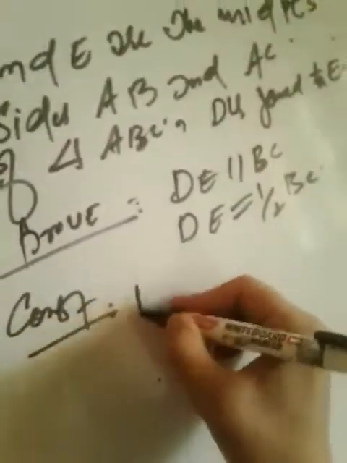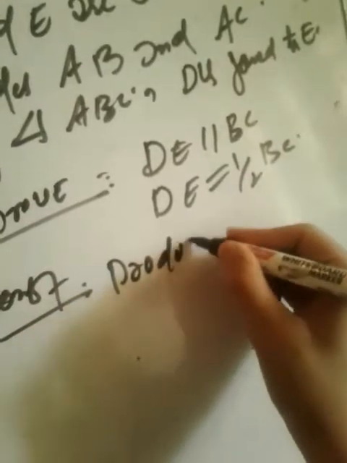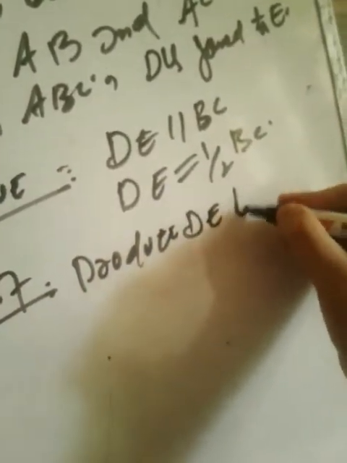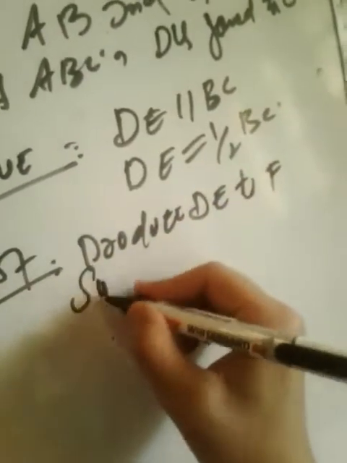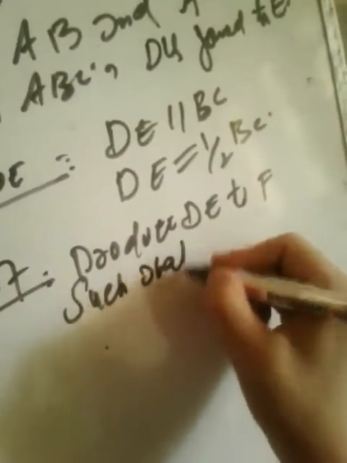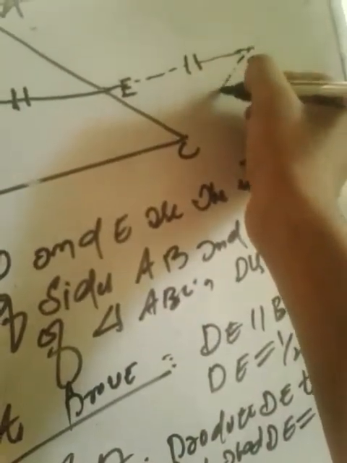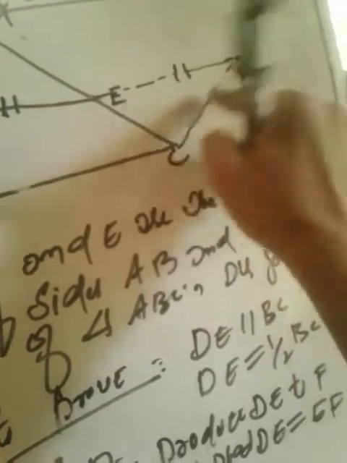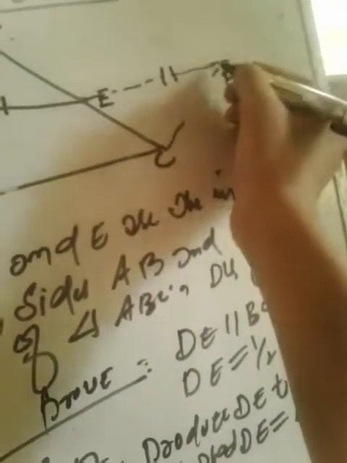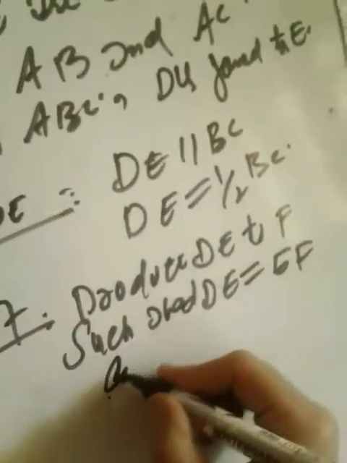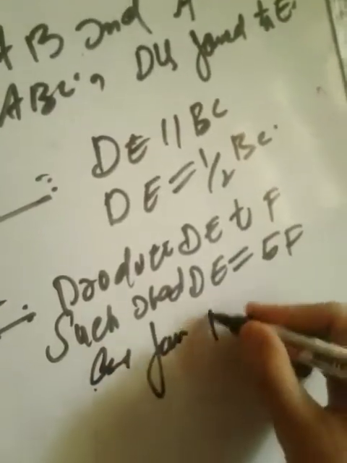So we will write the construction: produce DE to F such that DE equals EF, and join FC. Join FC.